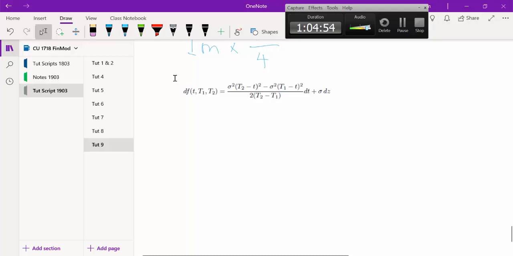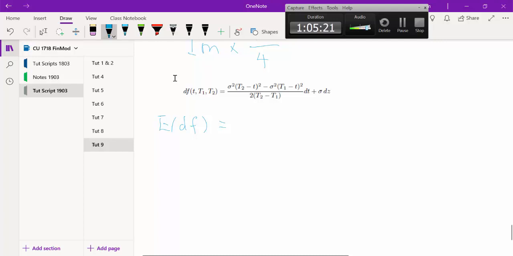Now, so I'm going to try and take expectation on this thing by integrating both sides over dt. Okay, so the expectation of this thing. Now, first of all, this term first up, this one will disappear.